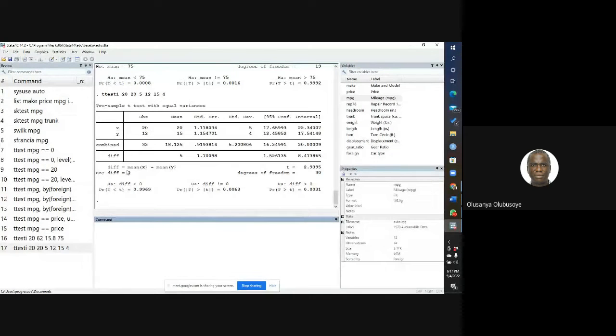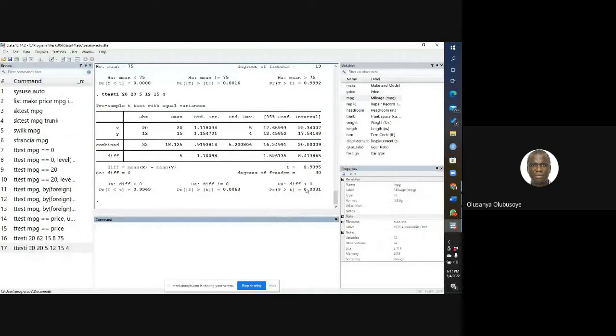From here, we can see that we cannot reject the null hypothesis if this is our alternative. But we can reject the null hypothesis and say that it's not equal to 0.